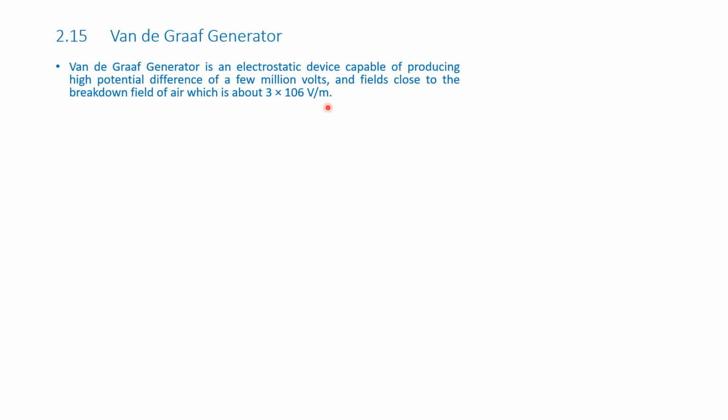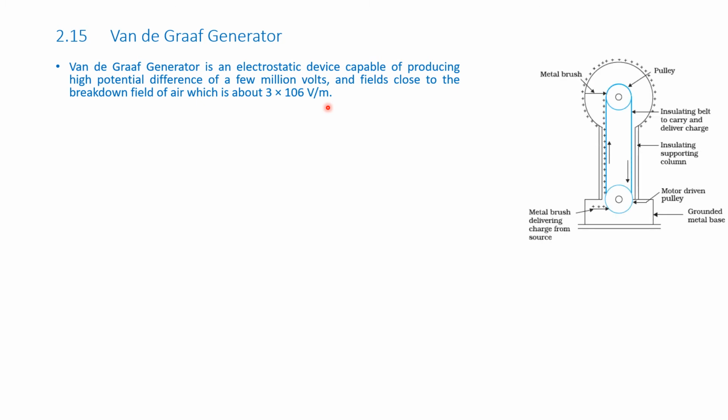So, the Van de Graaff generator is an electrostatic device for breaking certain atoms. The figure is shown on the right-hand side. At the bottom we have a metal brush delivering charge from the source. The charges are let in there.